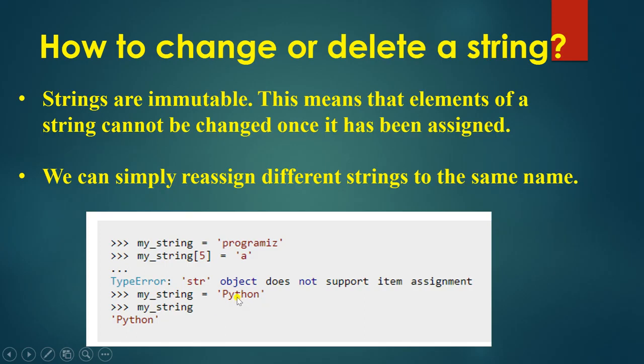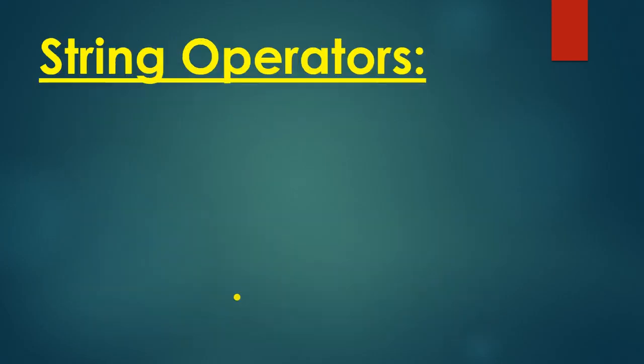You can directly assign a string to a variable, but if you want to change the position of a particular letter, it will not work. This way you can replace the string.